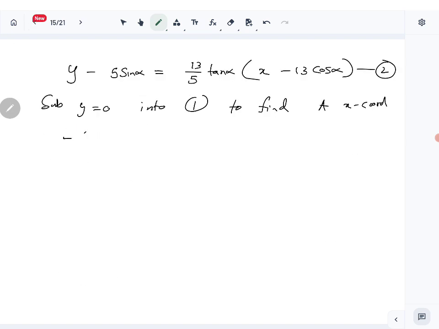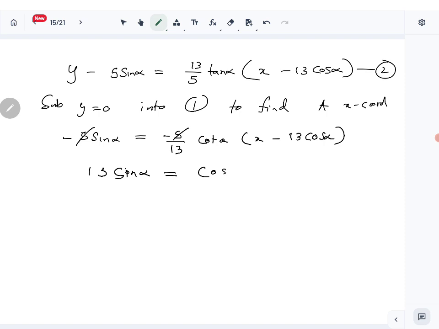So minus 5 sine alpha equals minus 5 over 13 cot alpha times x minus 13 cos alpha. So minus 5 and minus 5 cancel. Let me move this to this side. So let's get 13 sin alpha times cot alpha, which I write as cos alpha over sin alpha, times x minus 13 cos alpha.